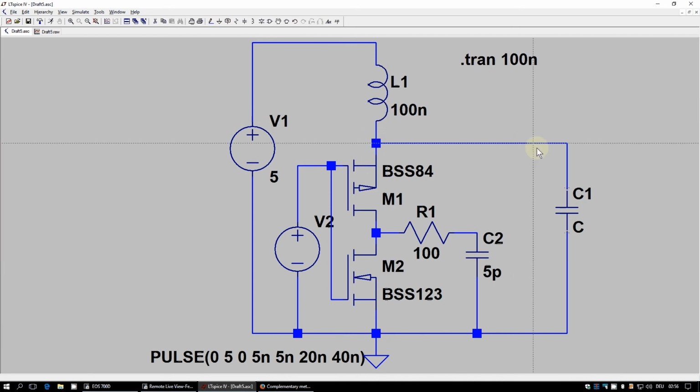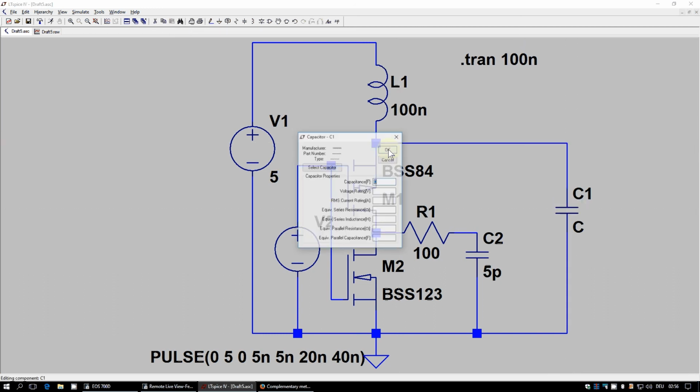Why the shortest possible leads? Just to avoid, again, an additional inductance. That's also the reason why SMDs are better for high speed than through-hole, just because the traces are much shorter.